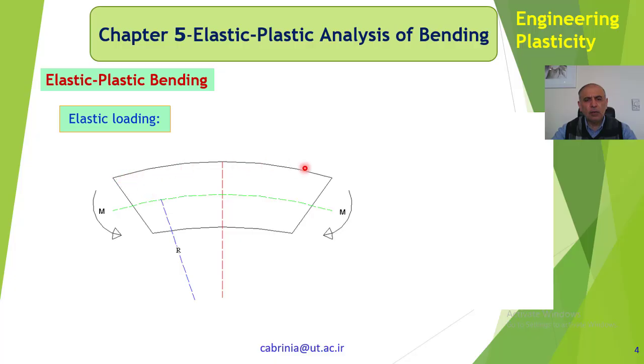But this line over here, or this plane over here, you can see that relative to this line, it has elongated, and this line relative to that line, it has shortened. So clearly this must have elongated, so it's under tensile load. This has been shortened, so it must have been under compressive load.